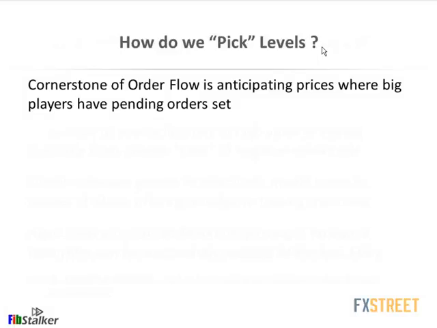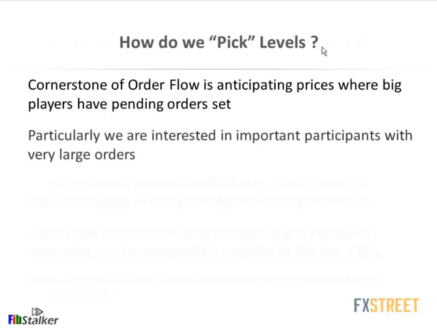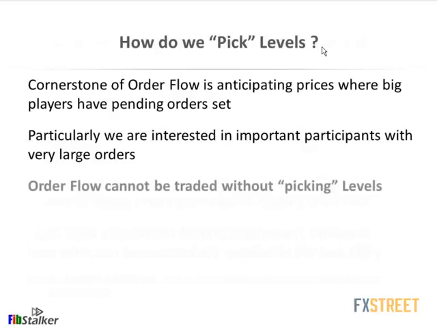The participants we are interested in are those large, very important participants with very large orders, because that's what can move the market. So order flow as retail traders cannot be traded without picking levels.